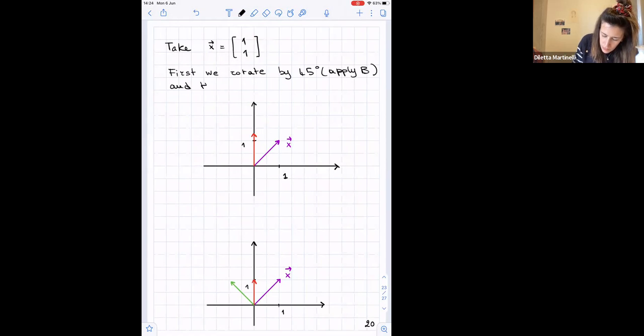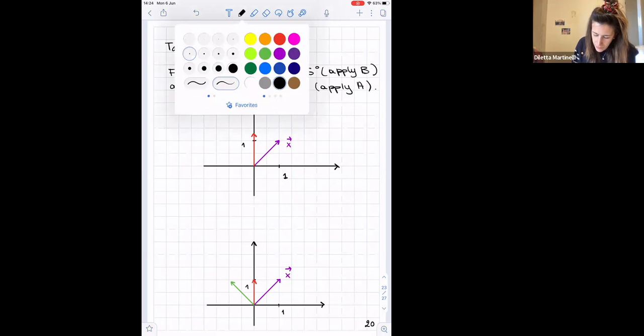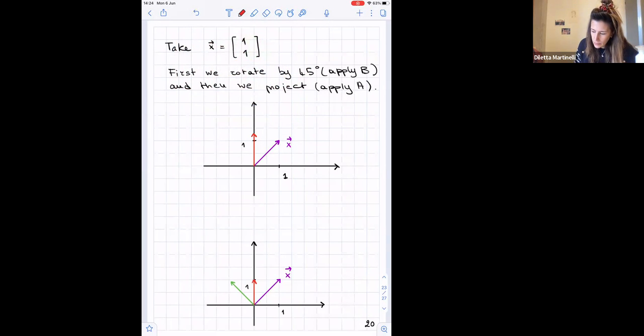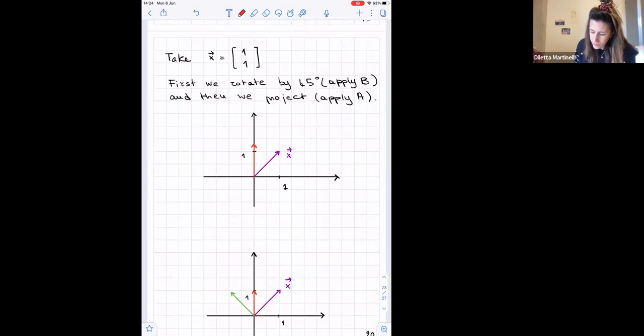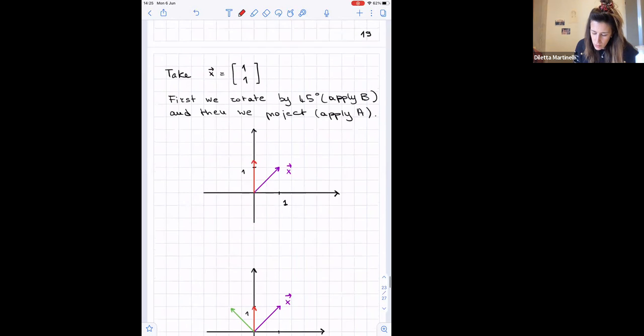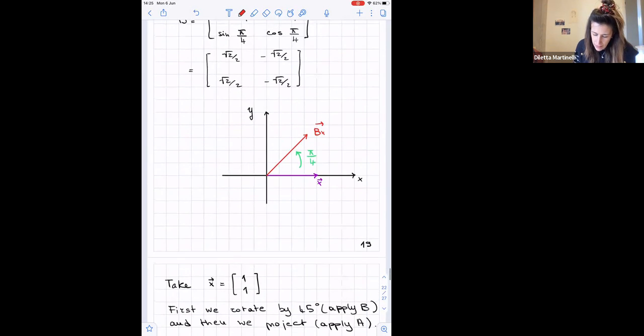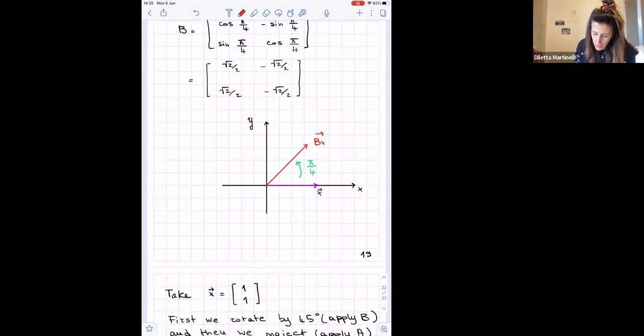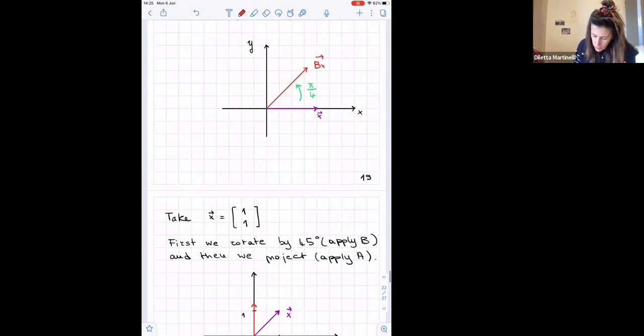So first we apply B and then we apply A. So if we take x and we apply B, so if we rotate it, remember B was this one.